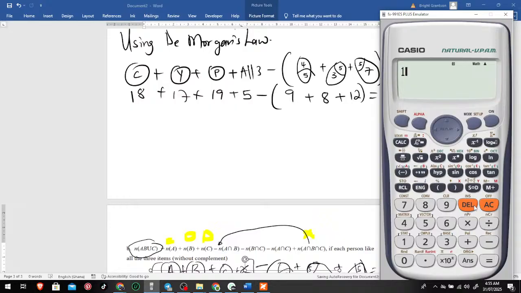What did you get? 29. What's the answer for everything? 29 for X. So 29.